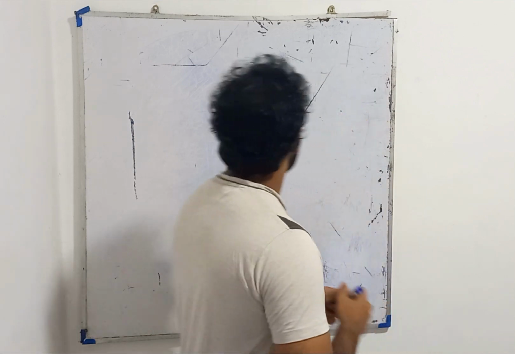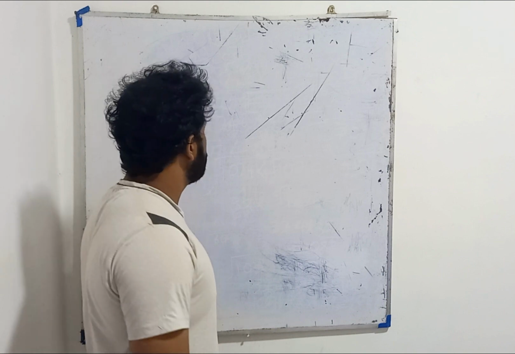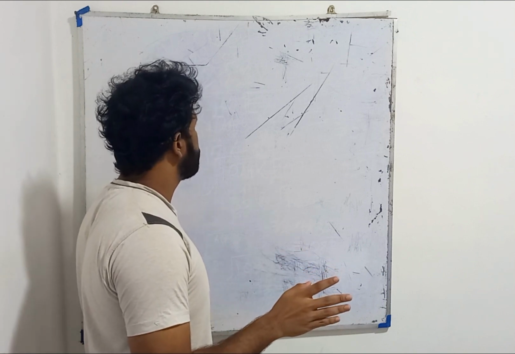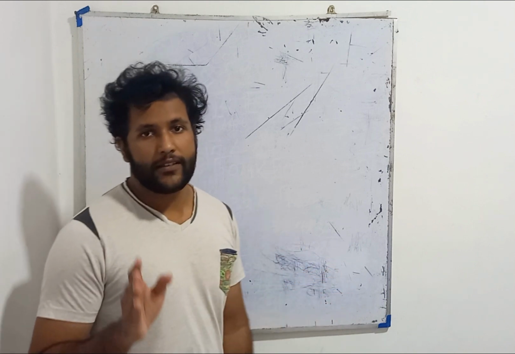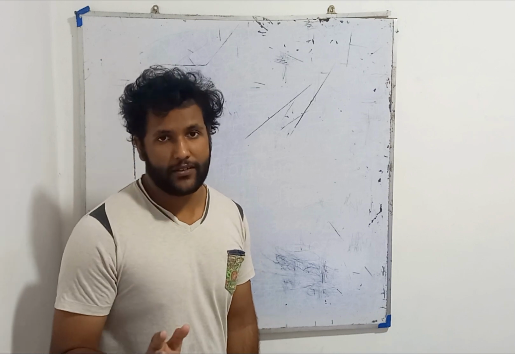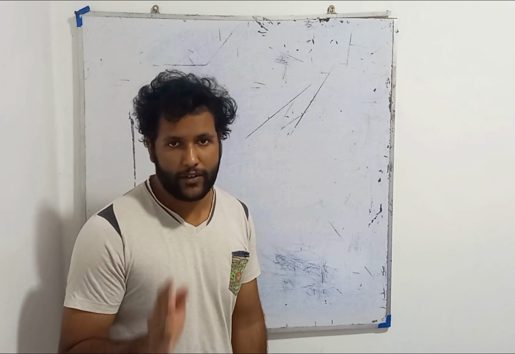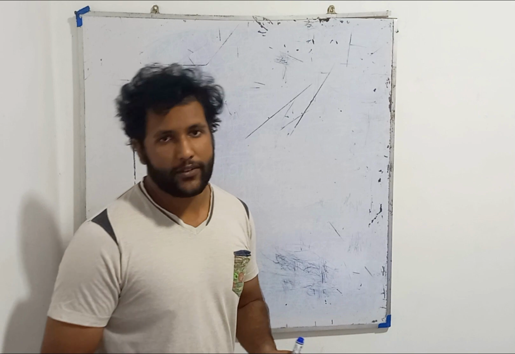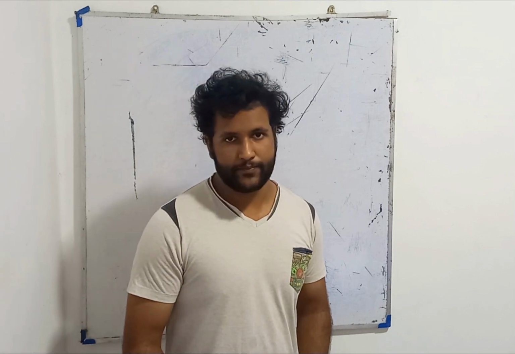Today we are going to start a new part: finding the square root of numbers which are not perfect squares using the division method.